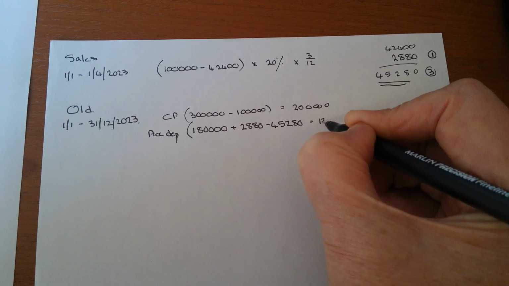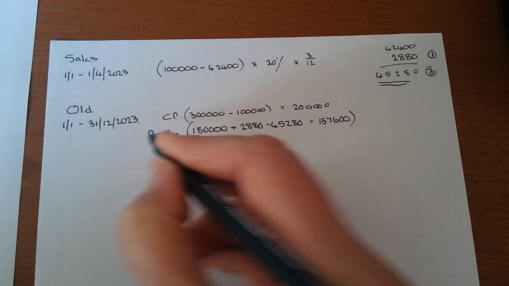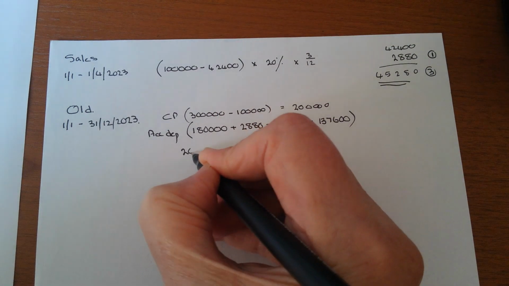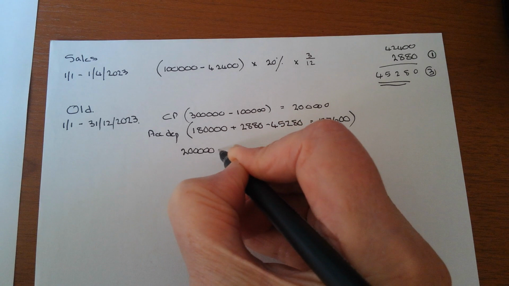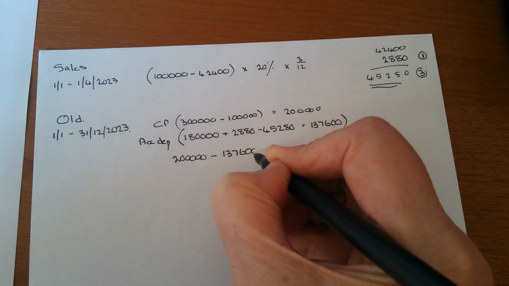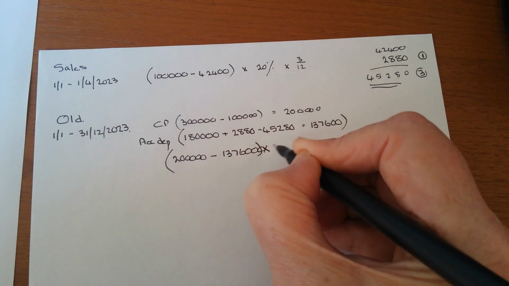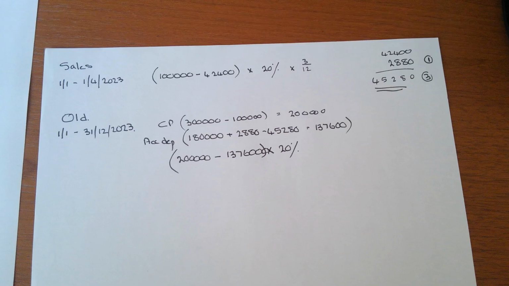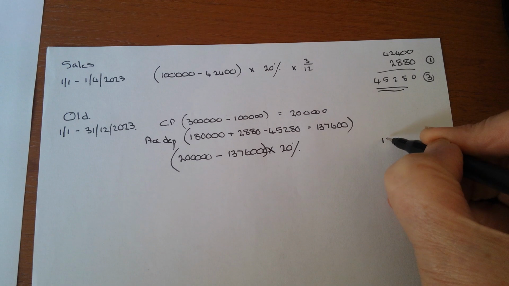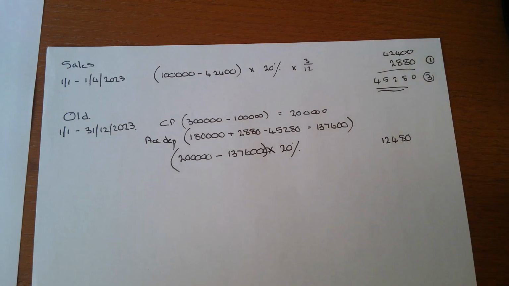And that will give me 137,600. So if I want to calculate the depreciation on this asset, I will take the 200,000 minus the amount that we've already written off on that asset, and I will multiply this with 20% because I've used it for the whole year. And the depreciation on that old asset will then be 12,480.